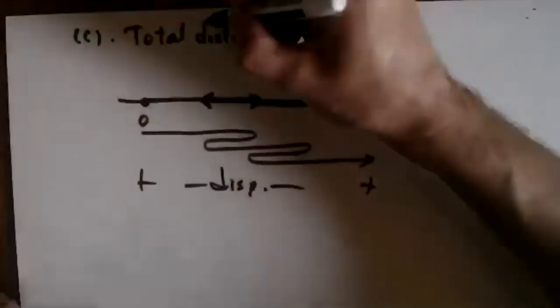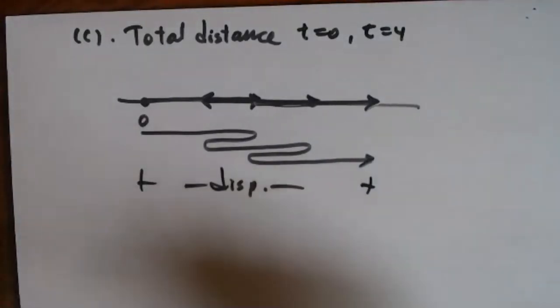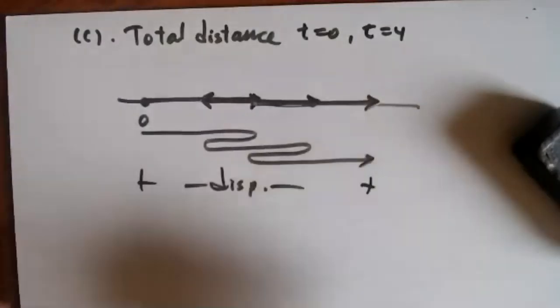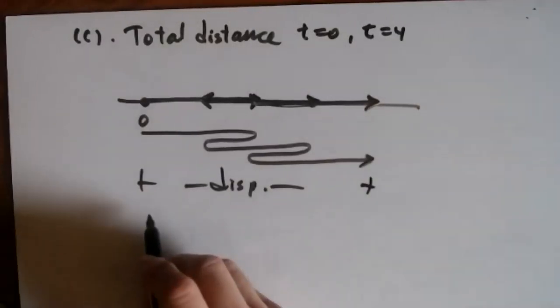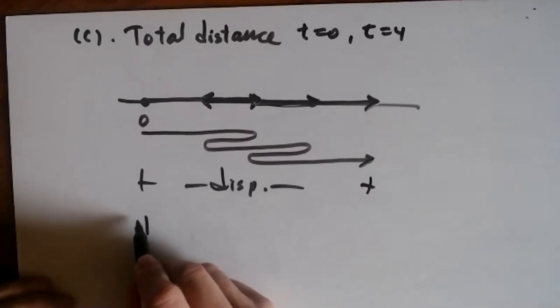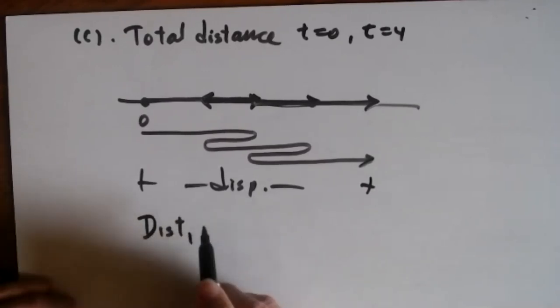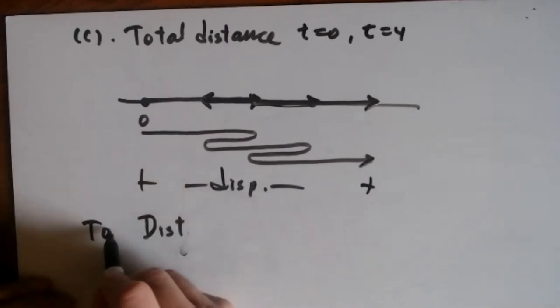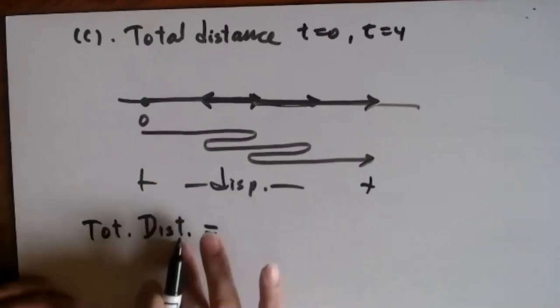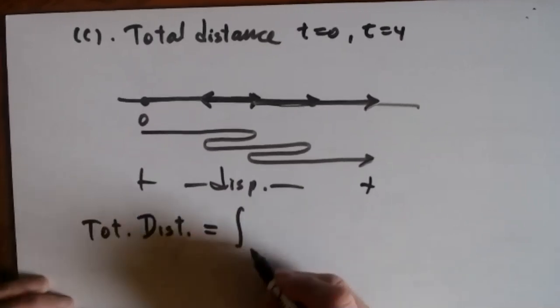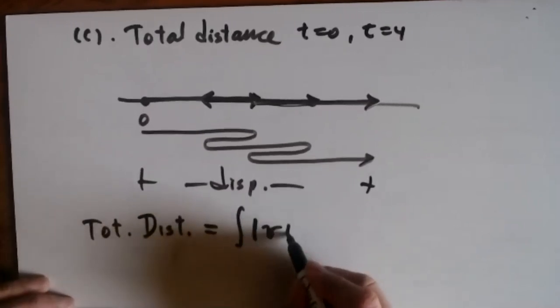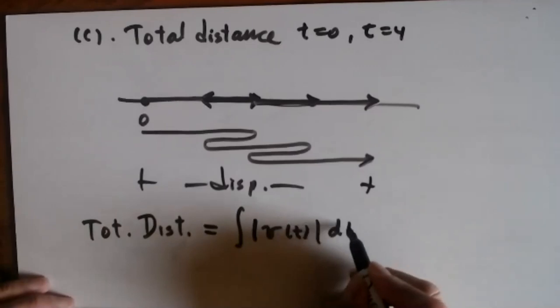Remember the last problem we solved? How do you find the total distance? Absolute value. Correct. The total distance is the integral of the absolute value of v of t dt. That's correct.